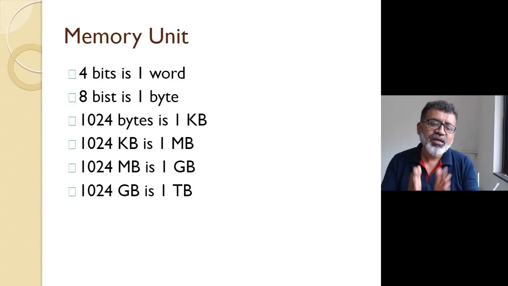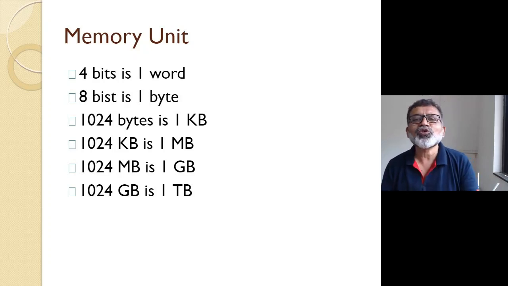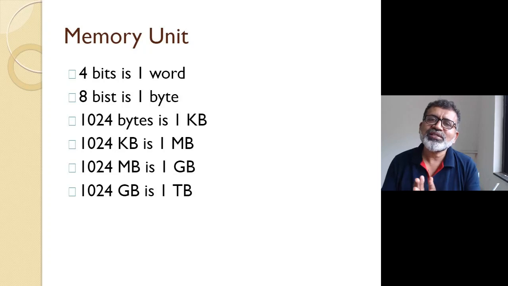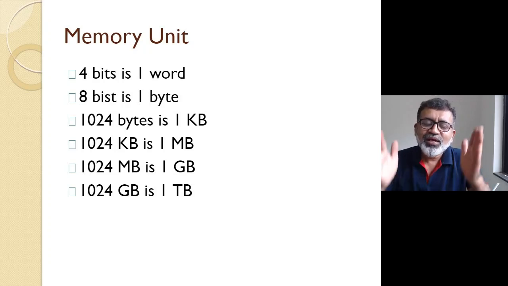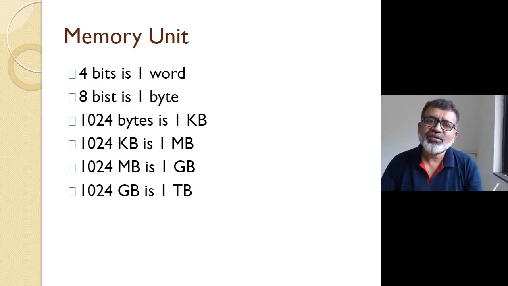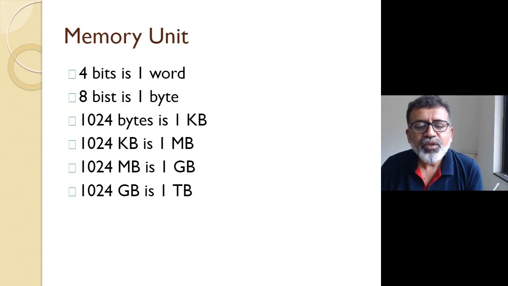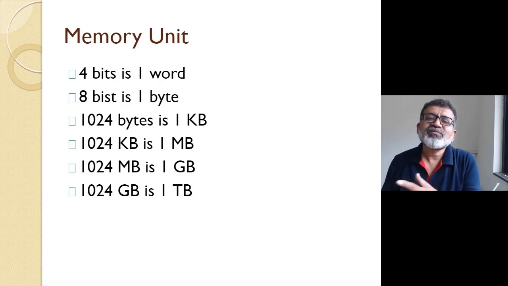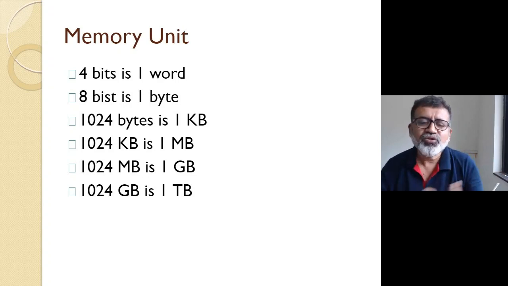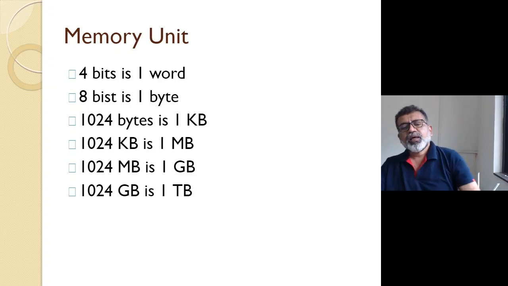The 16-bit word is because of the 16-bit address system, I suppose, Guru. So what you are saying is right. This is just a conventional chart; the changes have been made only in the word size. Thank you, Guru. So 1024 KB is 1 MB, and like that, the units go on.